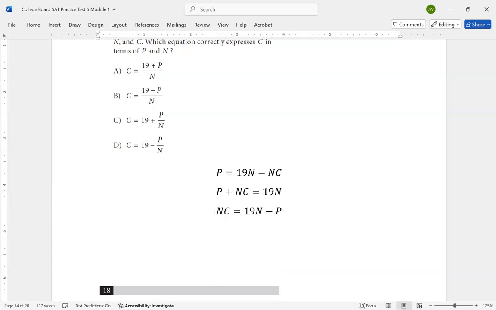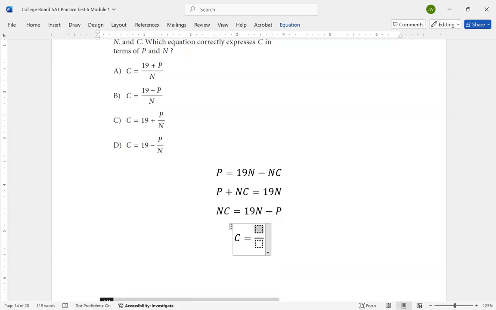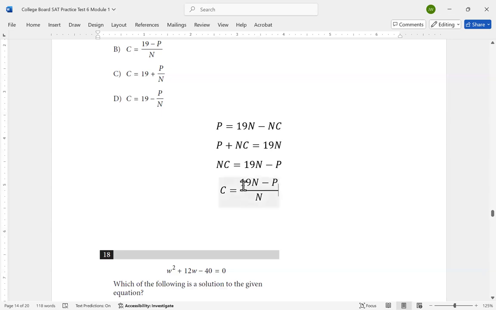And then we could divide both sides by n to isolate the c. So we get the fraction 19n minus p divided by n. Now, in this case, 19n can be divided by n, and p over n can be divided by n.